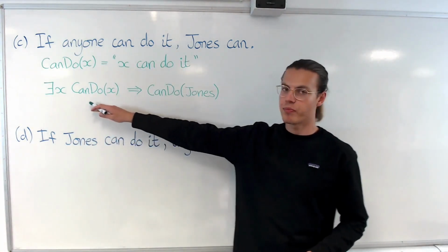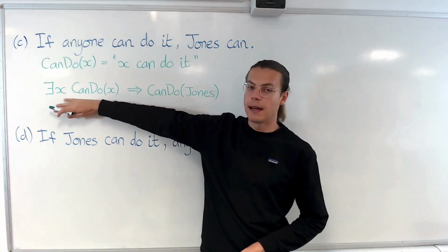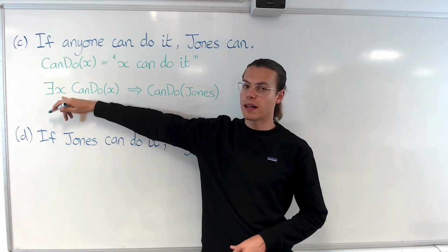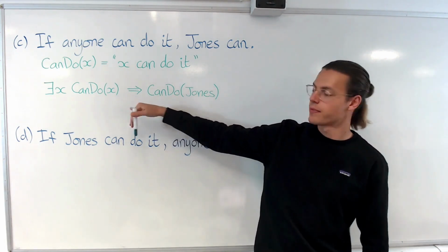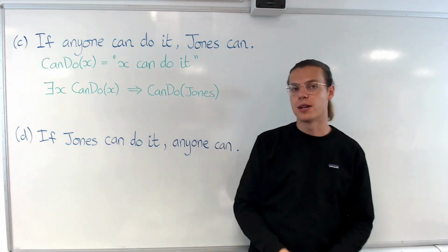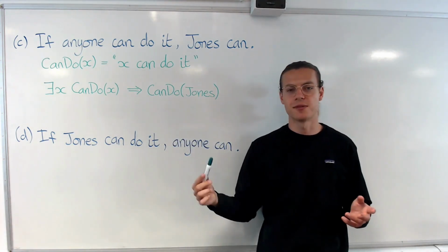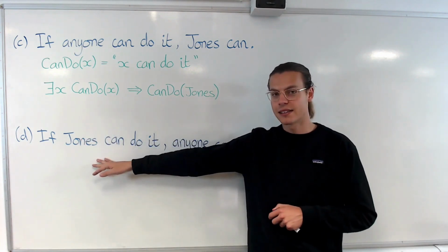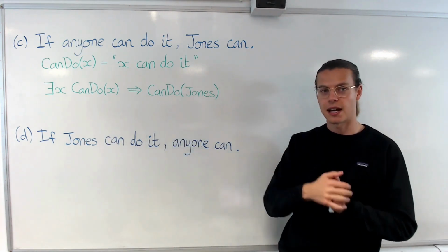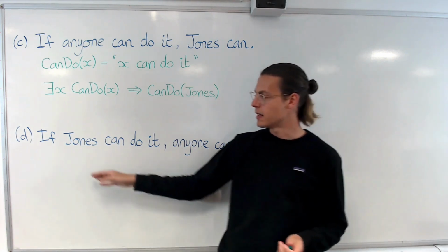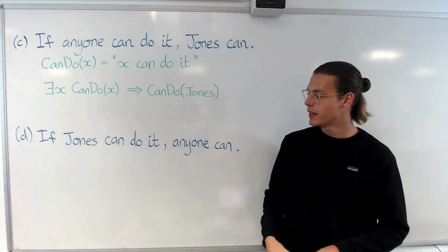Again, it says if there is some x such that x can do it, then Jones can do it. If anyone can do it, Jones can. Our next statement is if Jones can do it, anyone can. Again, it's an if-then statement.